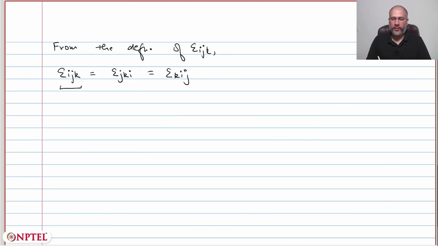Now that we have this identity in place as well, let's talk about the motivation of discussing this permutation symbol. So I'll start with some intuition. Let's look at the cross product of unit vectors e1 and e2. Let's draw these.